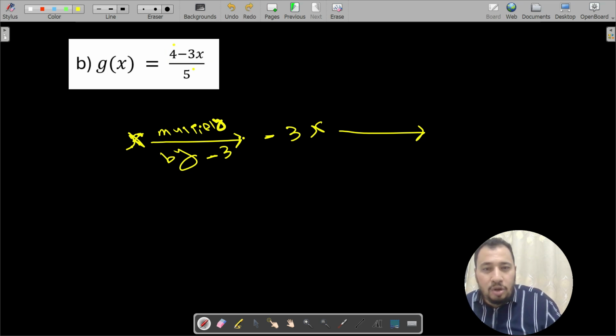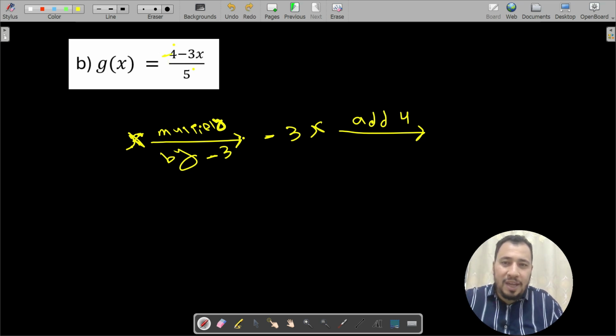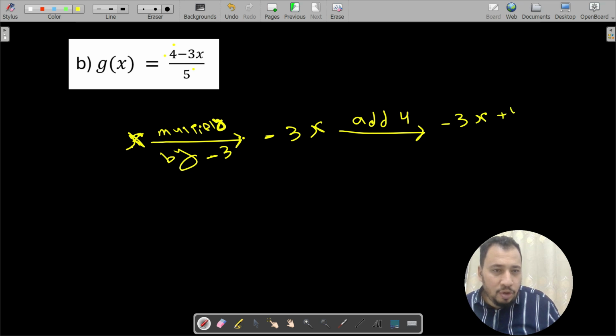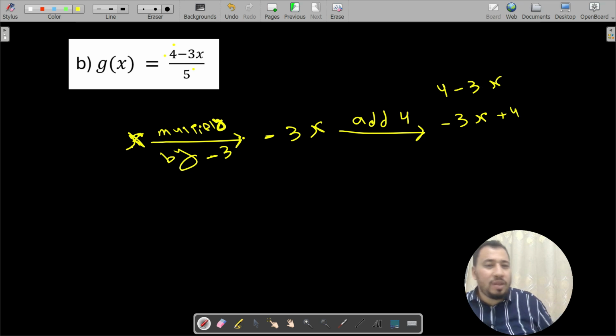So here you are going to add 4. Because 4 here is positive. So simply you are adding 4 to negative 3x. So you can write it negative 3x plus 4, or you can write it 4 minus 3x. Actually, both are equivalent to each other. It doesn't really matter.